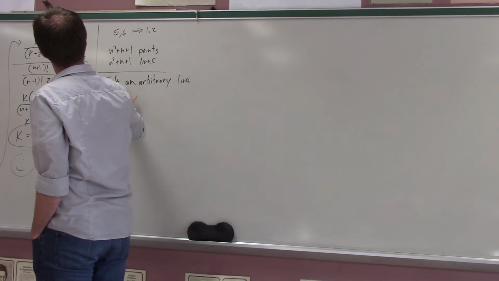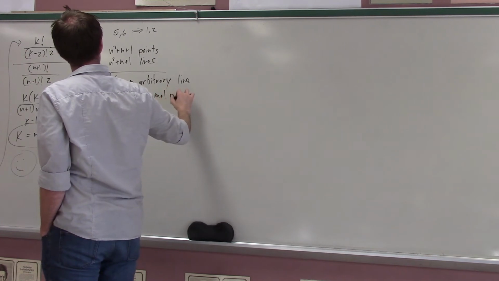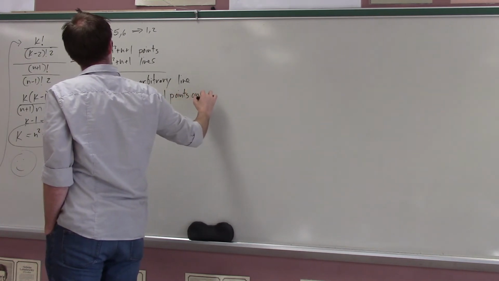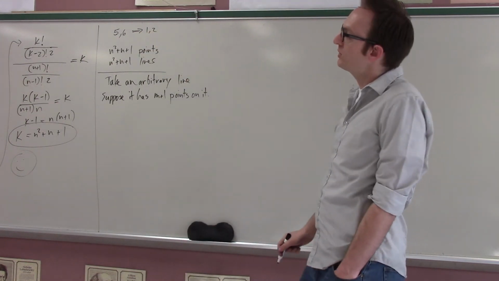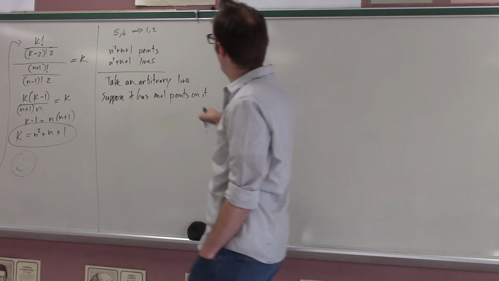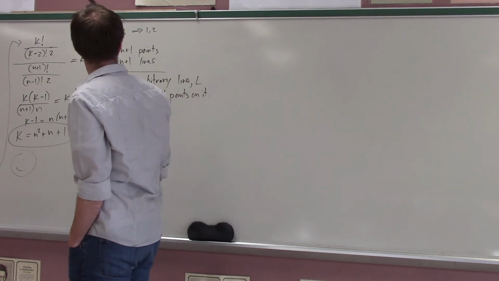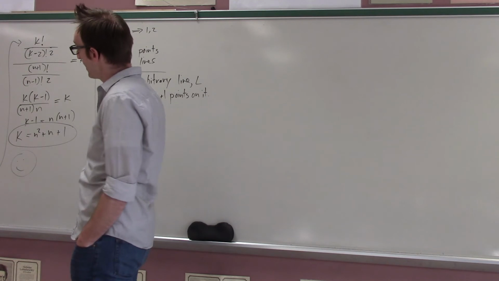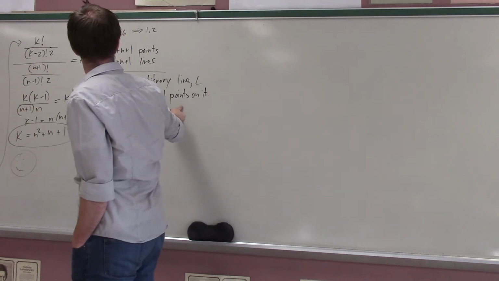Suppose it has m plus 1 points on it. Well, now you just run the entire argument back again. We've already shown that, so take an arbitrary line L. Suppose L has n plus 1 points on it. Well, that means that there exists a line with m plus 1 points.